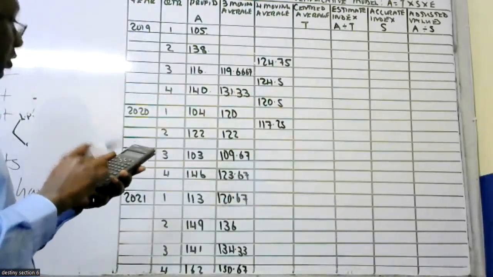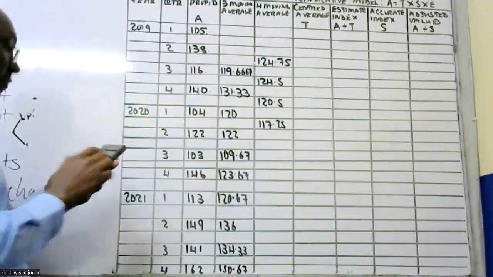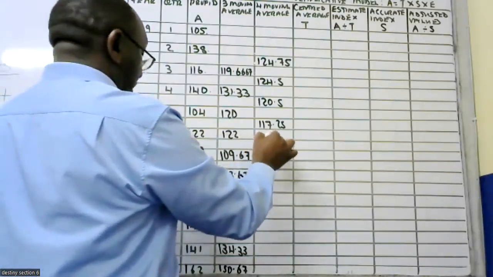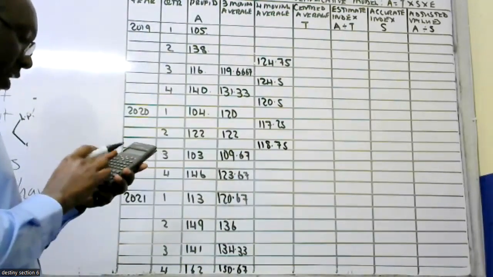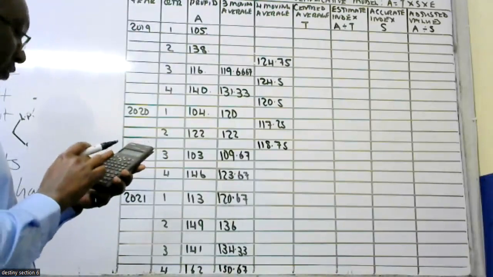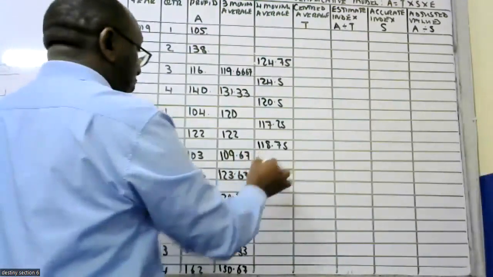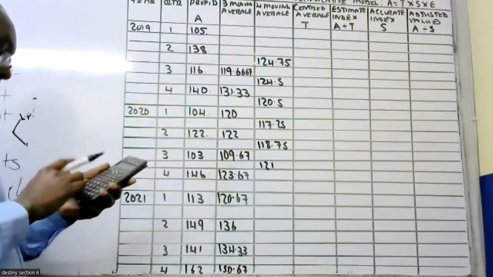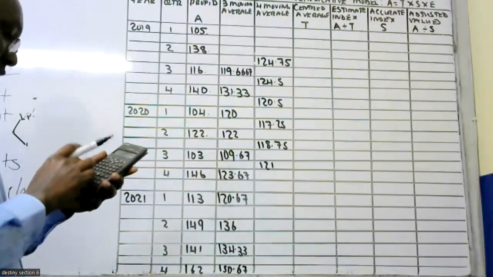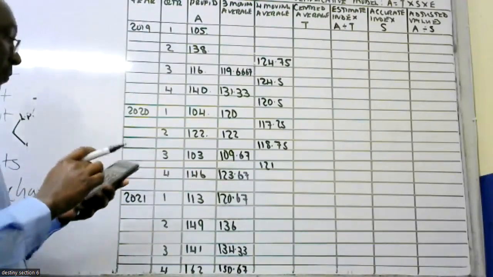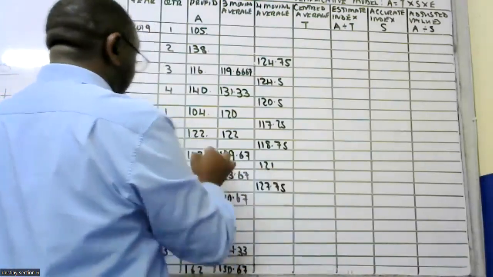104 plus 122 plus 103 plus 146 divided by 4, you get 118.75. 122 plus 103 plus 146 plus 113 divided by 4 is 121. Drop that, uchukue 103 plus 146 plus 113 plus 149 divided by 4 is 127.75.